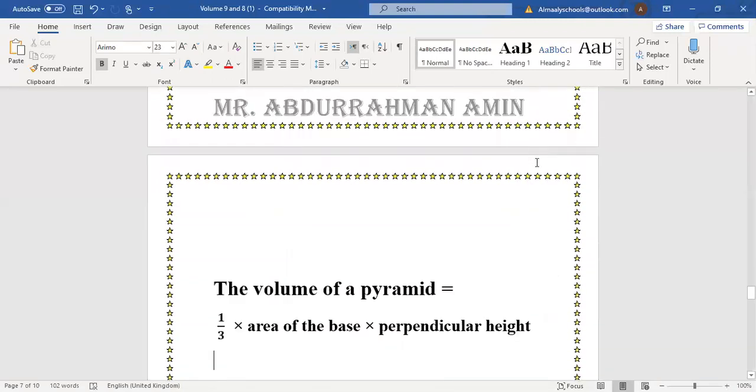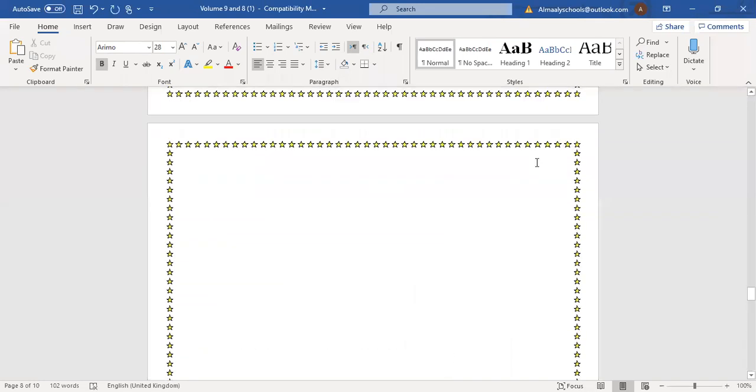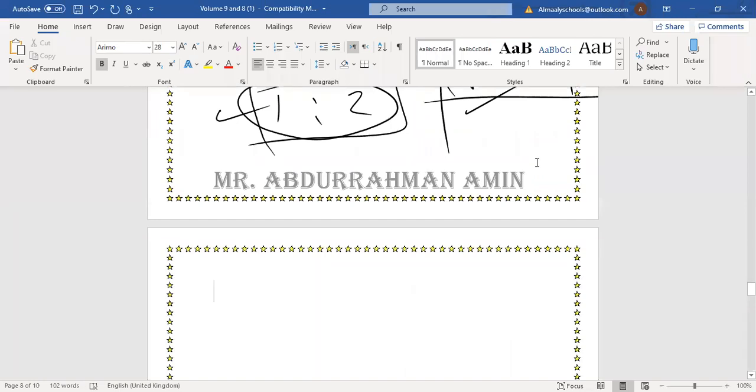Okay? Understood? Yes. In page number 298, together we will solve question number 5. Who wants to solve with me? Only question 5. I need a new one.